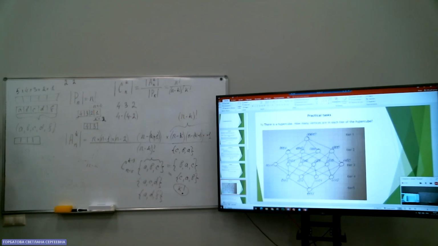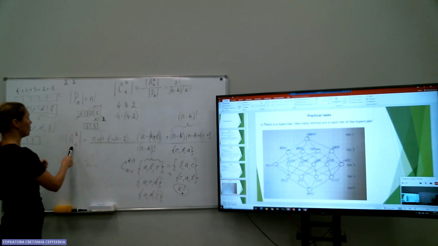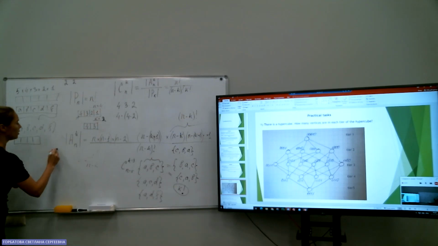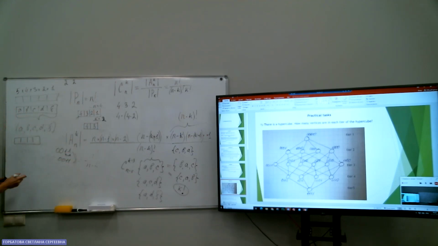Because we are trying to arrange 2 digits. And why is it combinations but not k permutations of n? Because the order doesn't matter. Order doesn't matter, yeah. So 0, 0, 1, 1, or change this to 1, 1, 0, 0, 1, 1, the same, yeah?